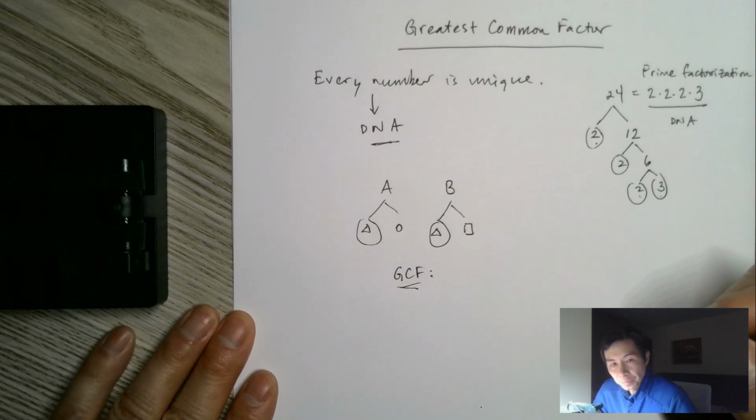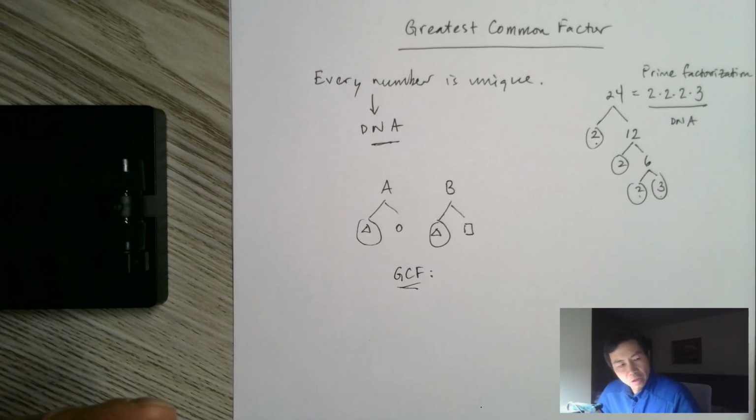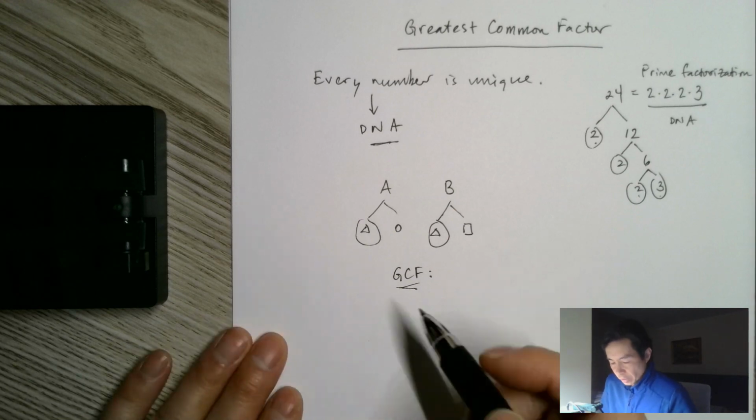Now this is different from the nature of human beings, because we get DNA from our mom and our dad, and then we become like a mix of those two sets of DNA. But a GCF is a clone.